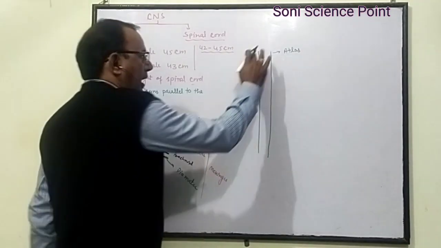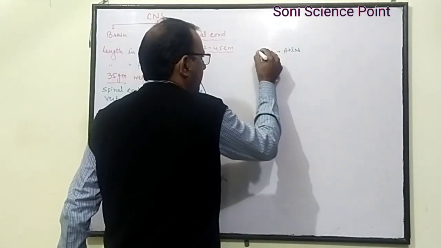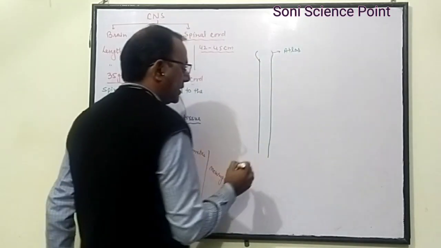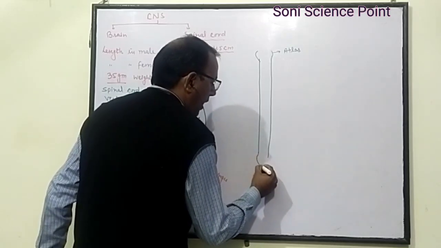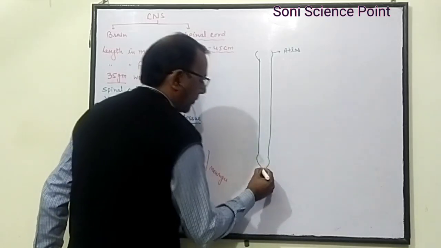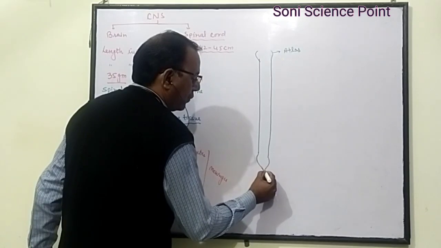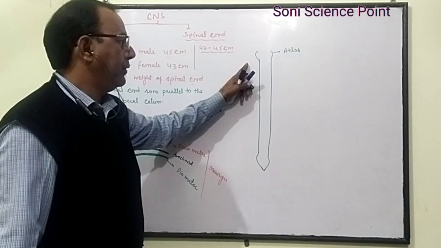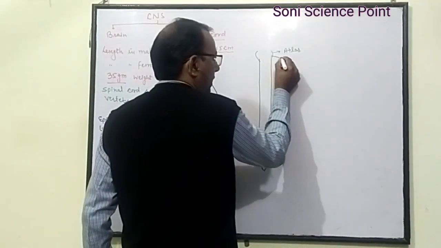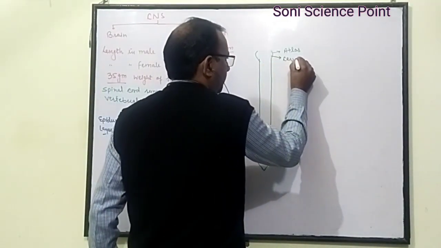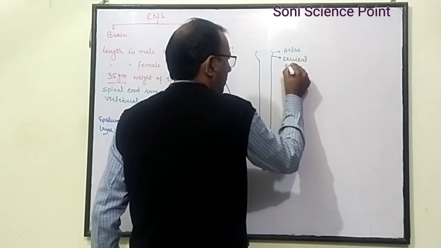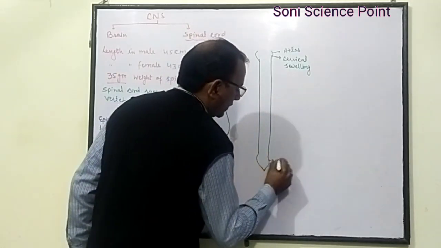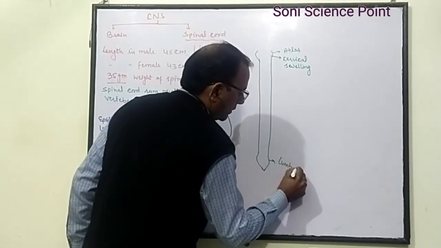This is because at the upper side, the cervical zone, some swelling can be seen, and on the lower side, in the lumbar region, swelling can also be seen. Due to this swelling, there is no definite diameter. This swelling is called cervical swelling, and this one is the lumbar swelling.